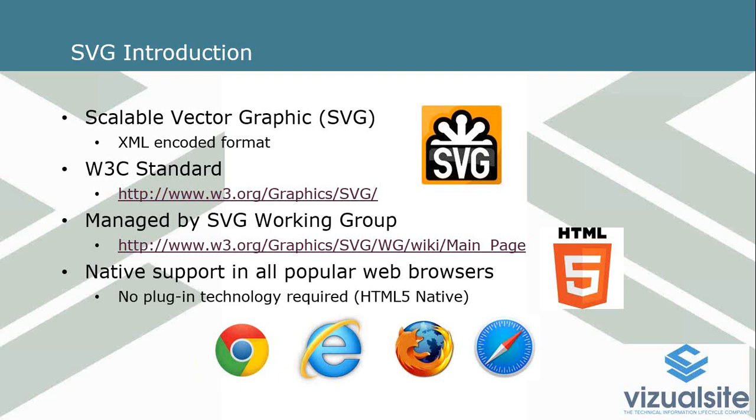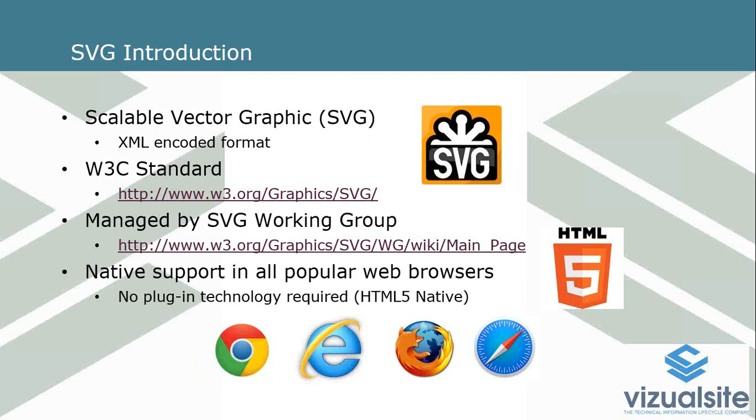W3C is the organization that oversees standards on the web, so there's a lot of information on that particular site, but one of the components of that site is SVG, and Web CGM is on there as well. It's again managed by a consortium of people. It's not owned by any particular vendor, so if you want to contribute to the SVG working group, you can visit that page and apply, and become part of that group as well.